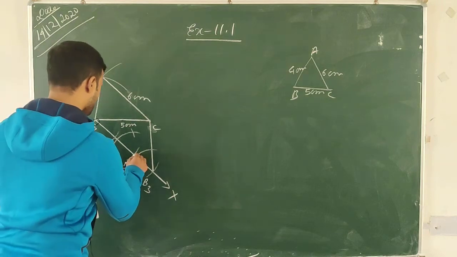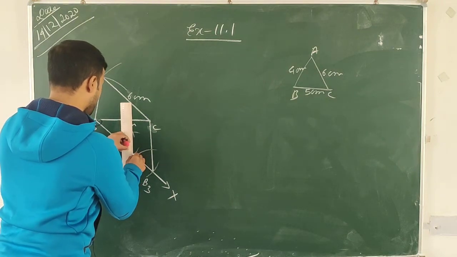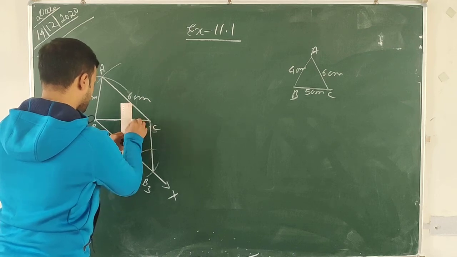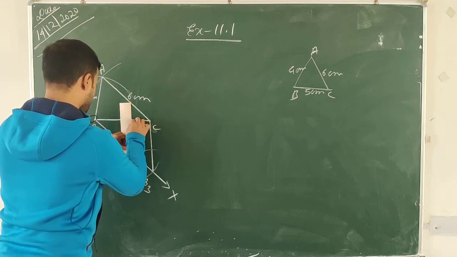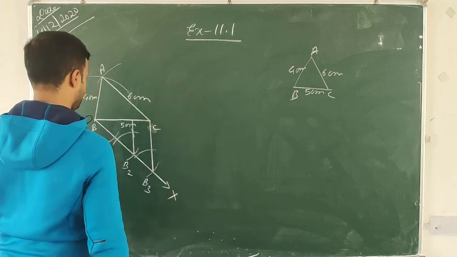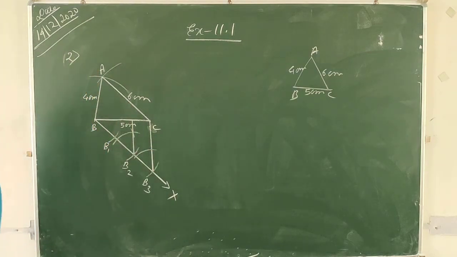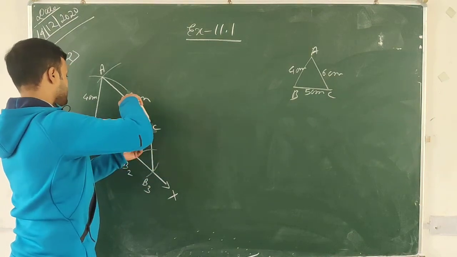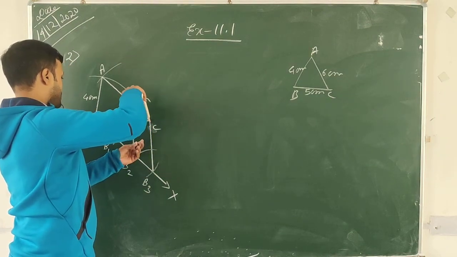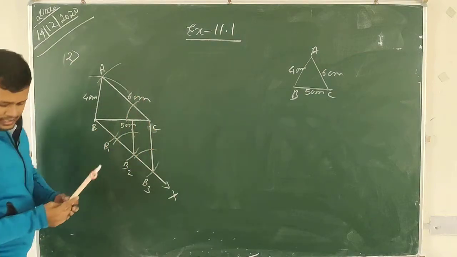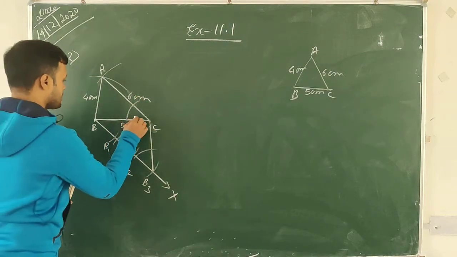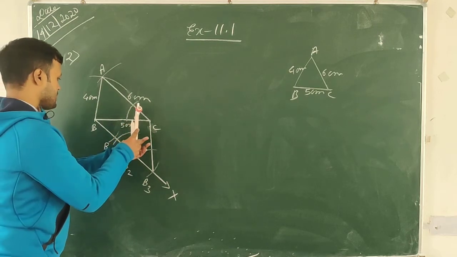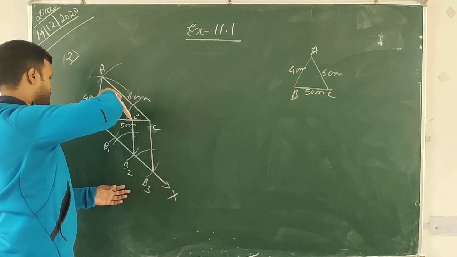Next from the point B2 I will join this. Next from the point C I will draw an arc, and this point will be marked as C dash. From the point C dash, with the same radius, I will draw one more arc.